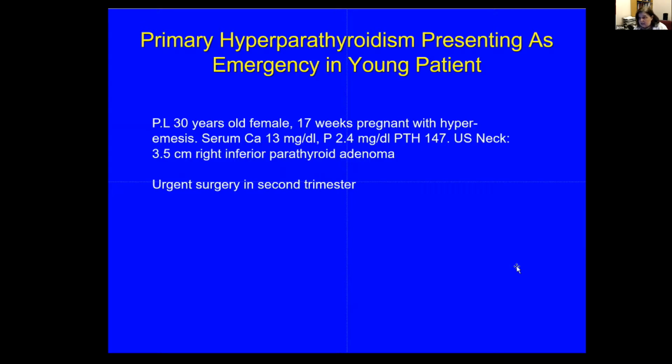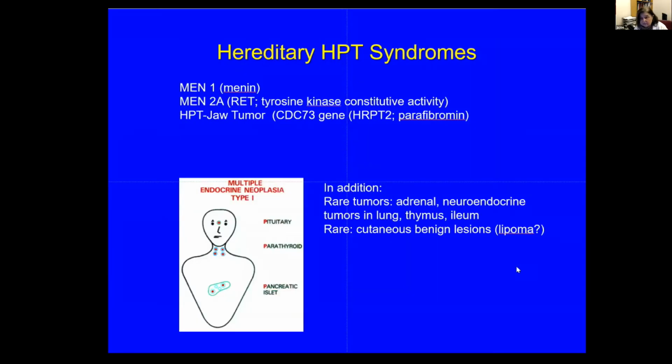If this had not been removed in the second trimester, then the baby would have had severe hypocalcemia after delivery. Most of them don't live more than the first day, and they fail to develop parathyroid if there was no surgery involved.